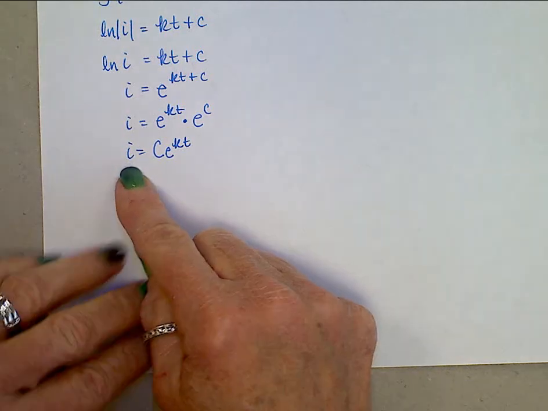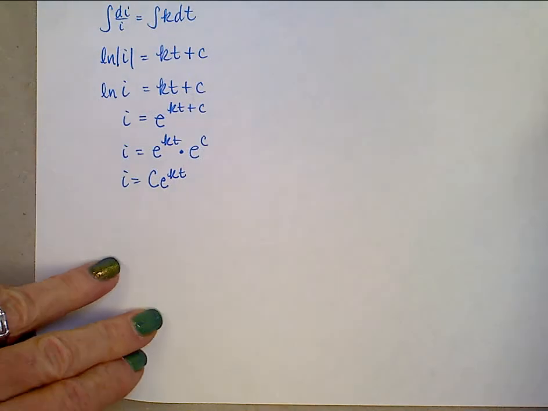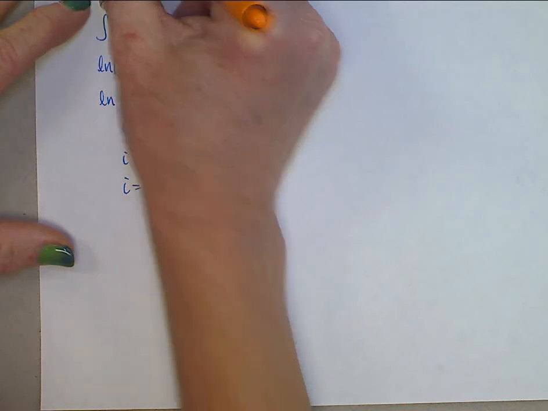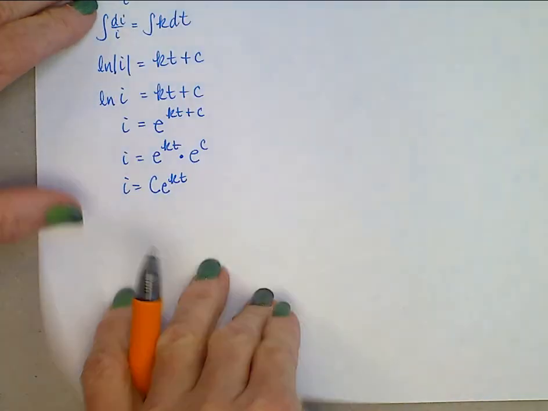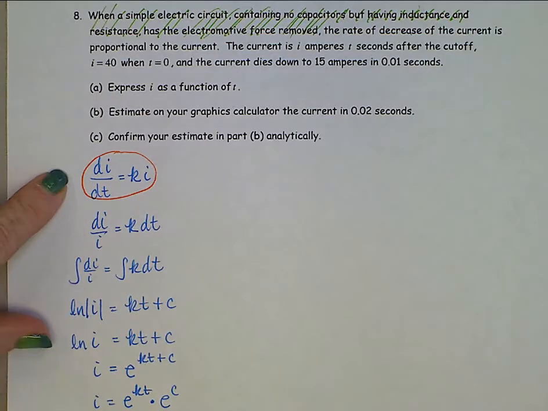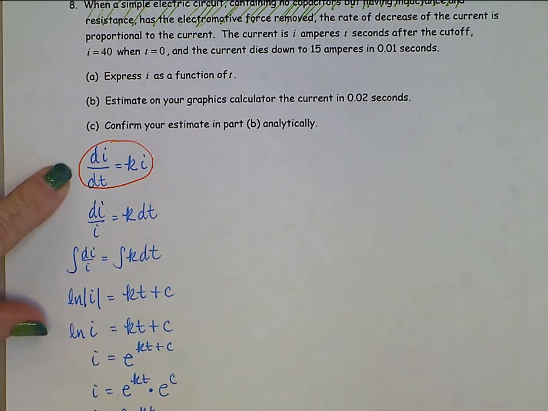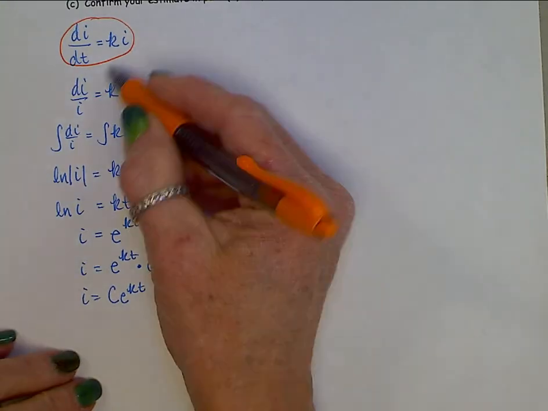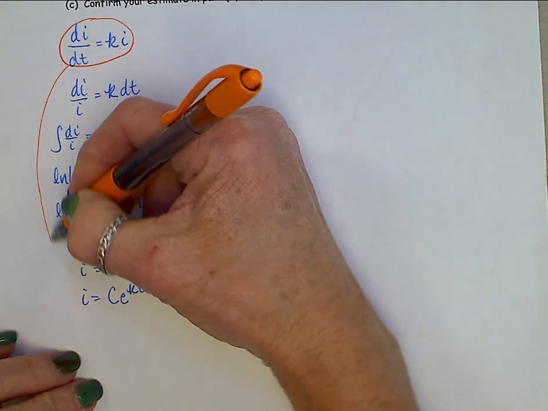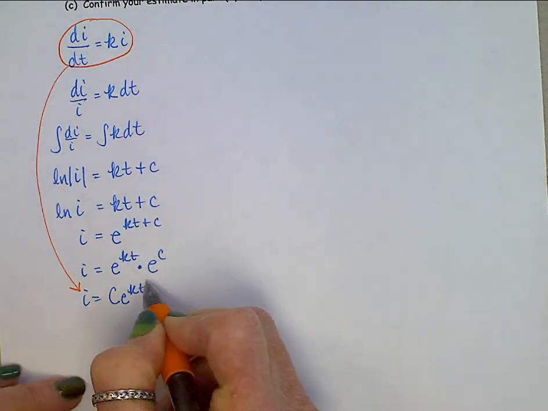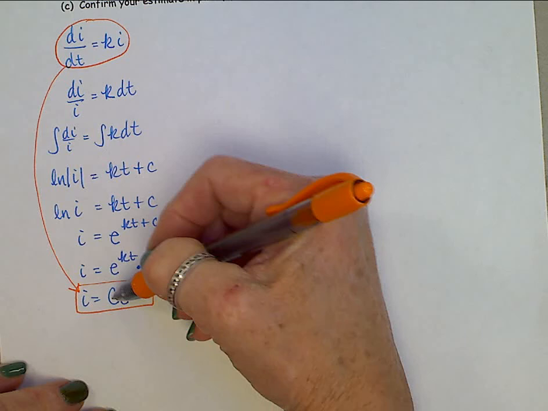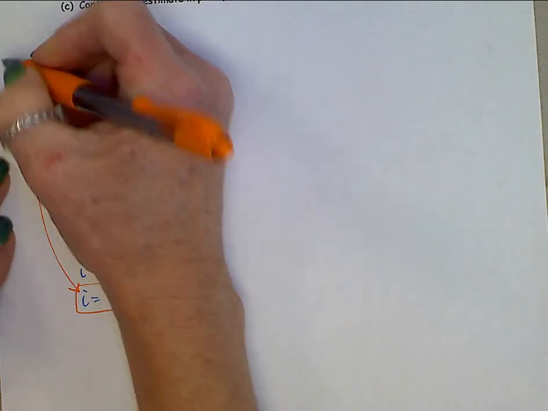So here's the deal. From this point on, you may write that equation, dI over dt equals kI, to start, and skip all of this work in between and end up right down here. It is okay to skip all that work.